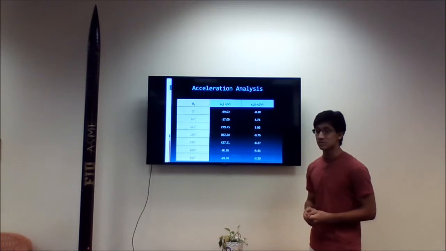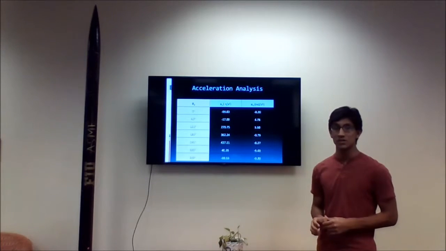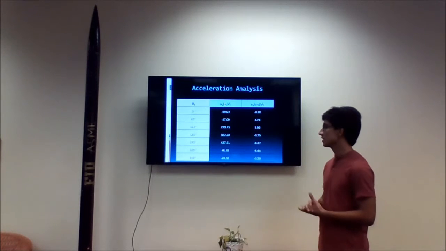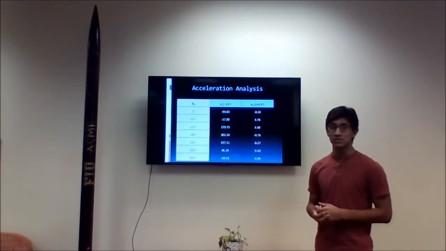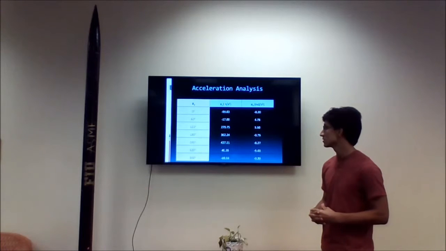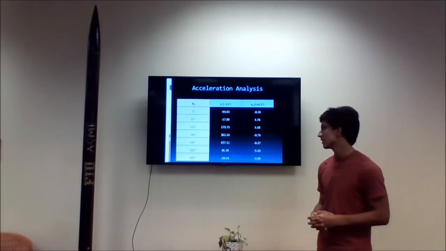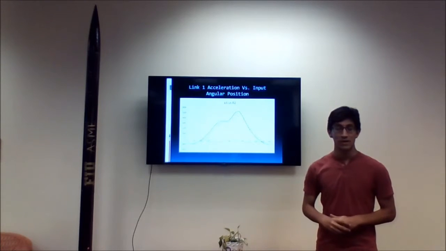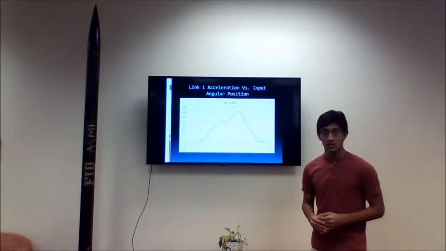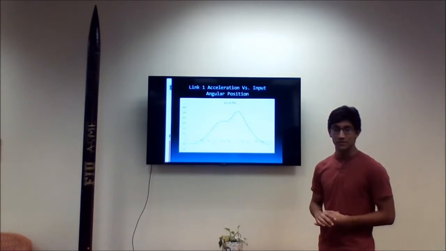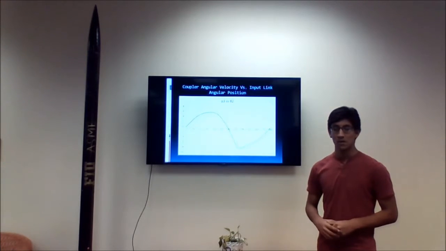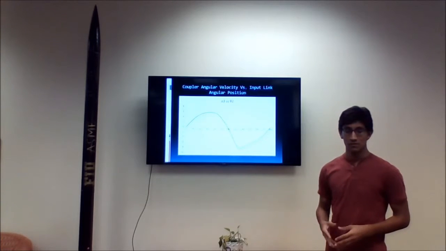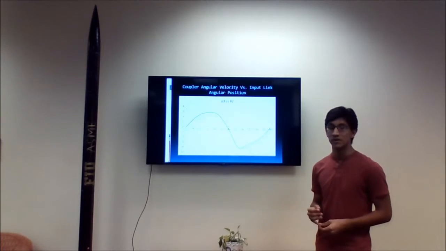Given 60 degree increments of the input link, the linear acceleration of link 1 and the angular acceleration of the coupler link are provided here. The full acceleration profile of link 1 is provided here. And then the angular acceleration of the coupler link is provided here as well.